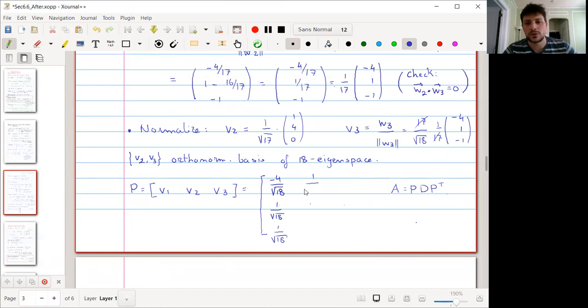It's 1 over root of 17, 4 over root of 17, 0. And then I have V3, which is -4 over root of 18, 1 over root of 18, -1 over root of 18.